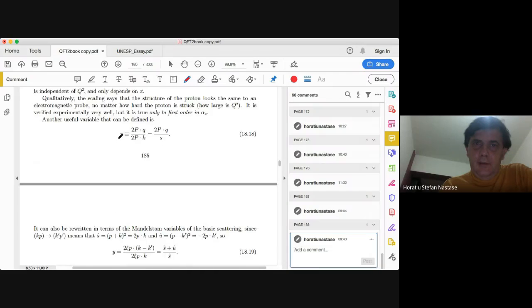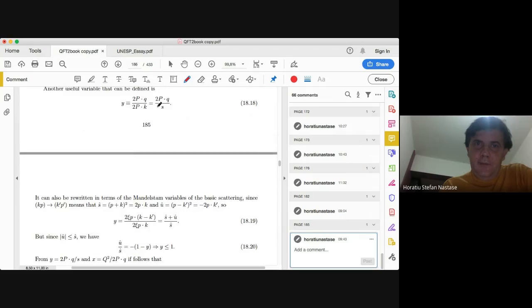So then, if we look in here, S is psi S hat, but S hat is 2p dot k. So that's what we have in the denominator.